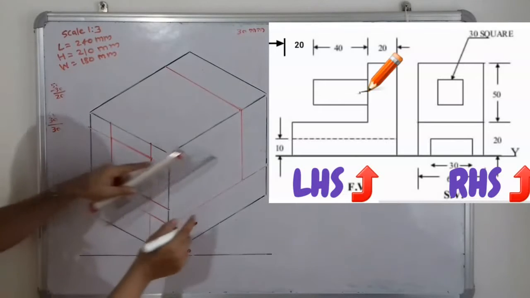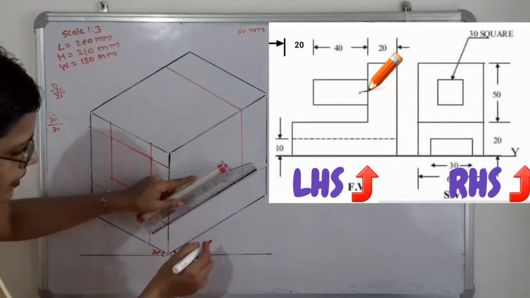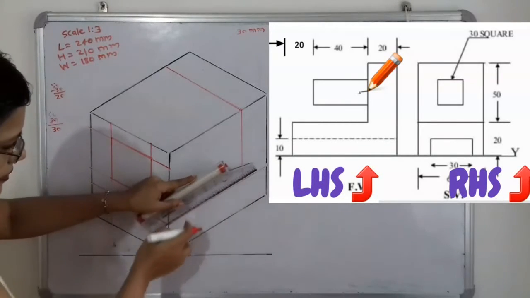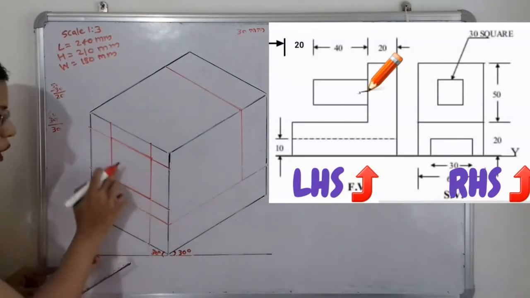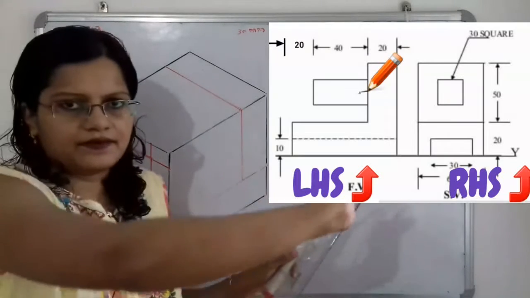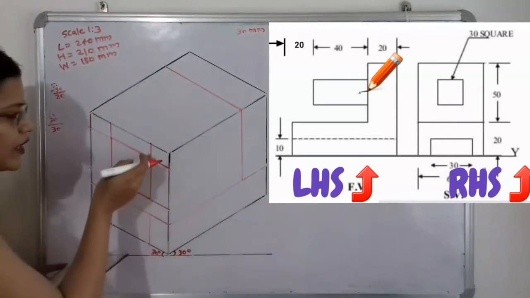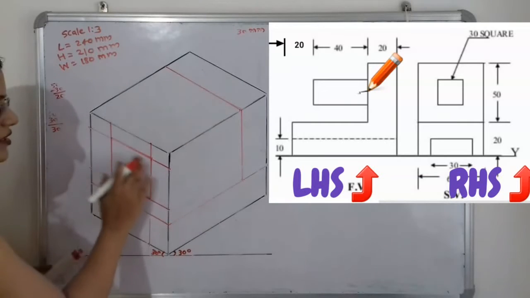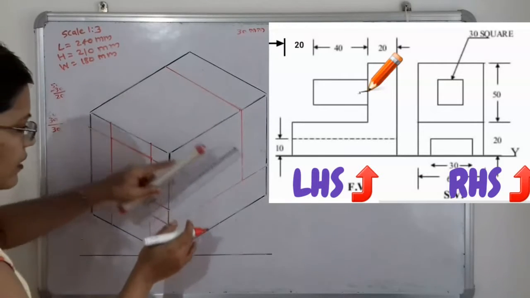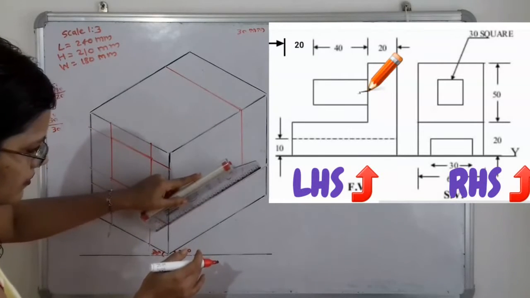So how to project? Again we have to take the lines parallel to this line. We have to project this block along the length, on the back side, because this is the front side and this is the back side. So we will now project this.